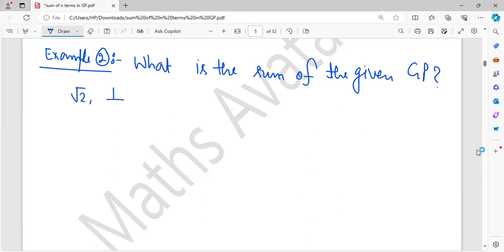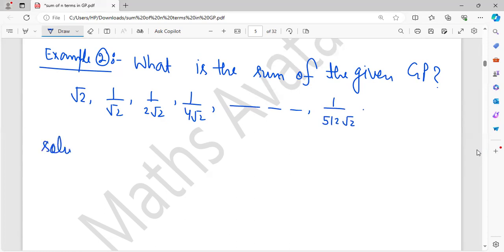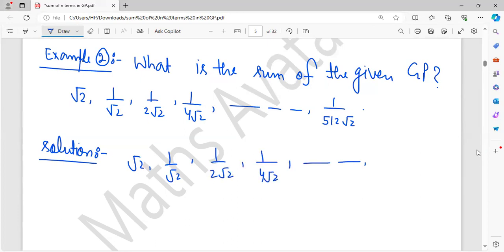Root 2, 1 upon root 2, 1 upon 2 root 2, 1 upon 4 root 2, 1 upon 512 root 2. You see that this is a GP: root 2, 1 upon root 2, 1 upon 2 root 2, 1 upon 4 root 2, 1 upon 512 root 2. This is a finite GP.